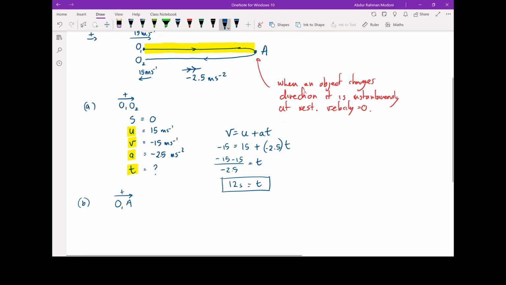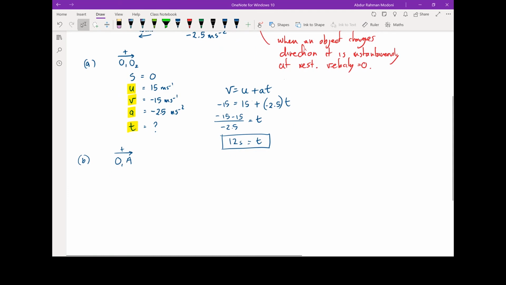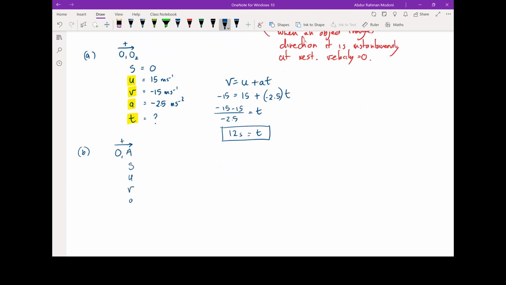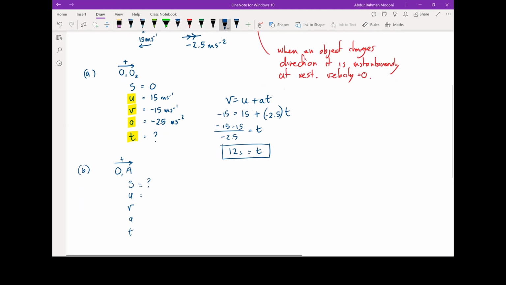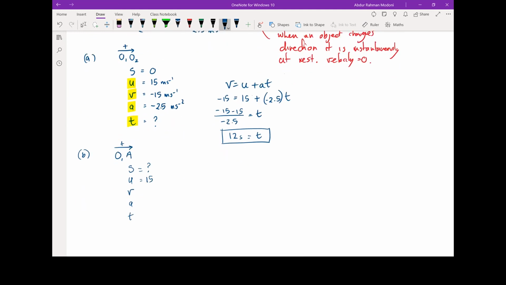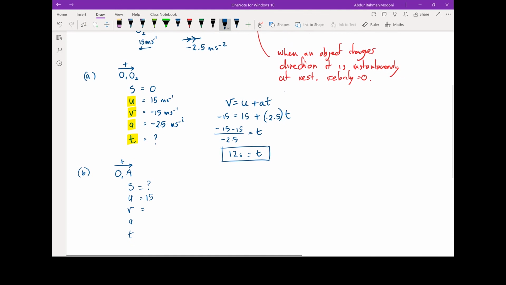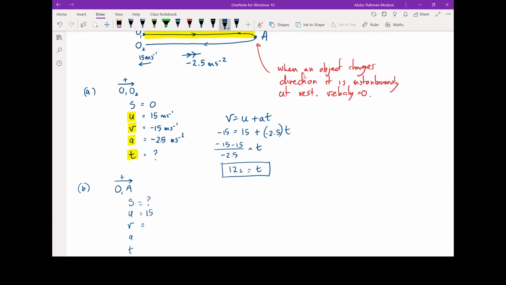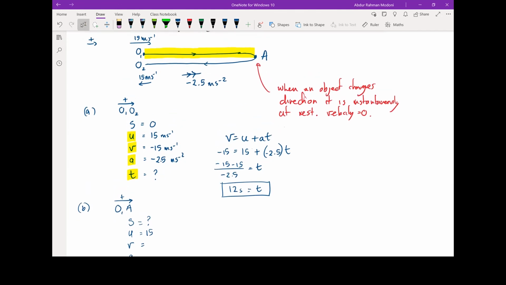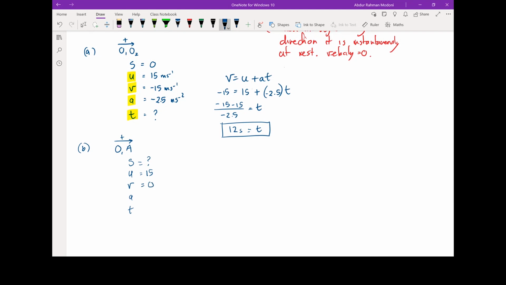And then I'm going to start by writing my Suvat again: S, U, V, A, T. This time I'm trying to work out what this displacement is from O1 to A. The initial velocity at O1 is the same as before, 15. The final velocity, which is now at A, since that's where we're going to, we know is 0 because that's where it changes direction. The acceleration we know is minus 2.5.